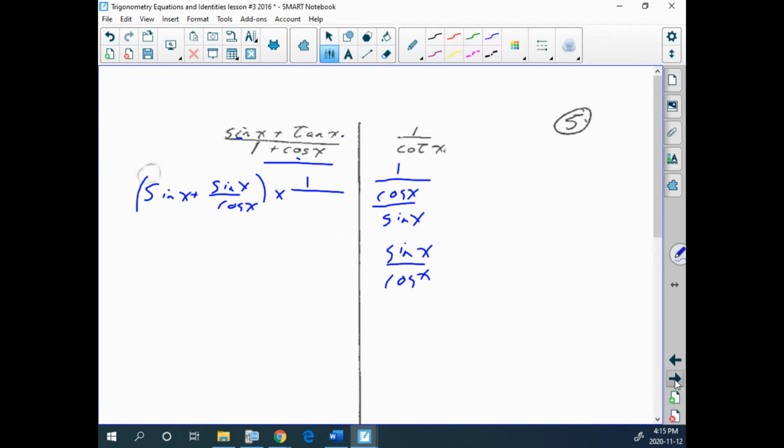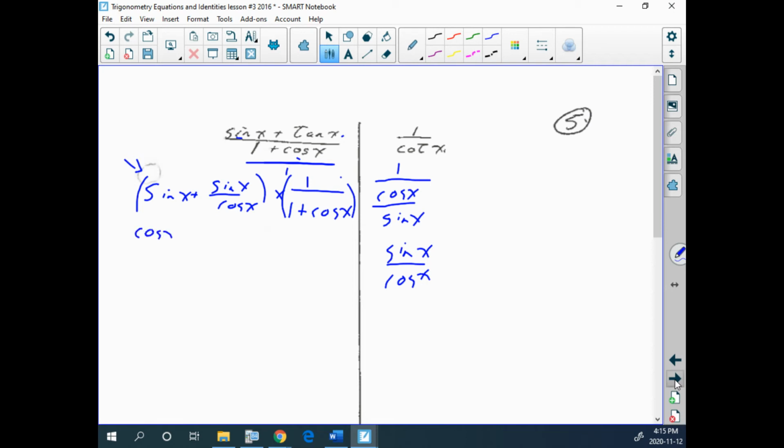Just to tidy this up, it's not the worst thing in the world to leave it as it was, but multiply by the reciprocal. That's the same as dividing by a fraction. This is cos x over 1 plus cos x over 1, hence its reciprocal. Now this here, I need a common denominator to add these together. My common denominator is cosine.